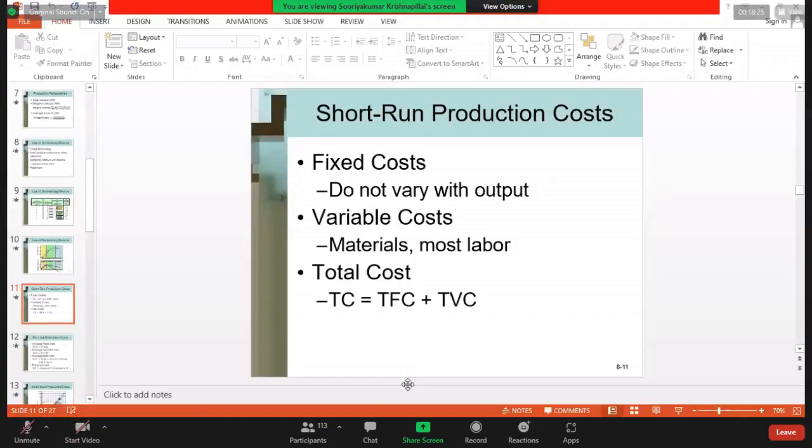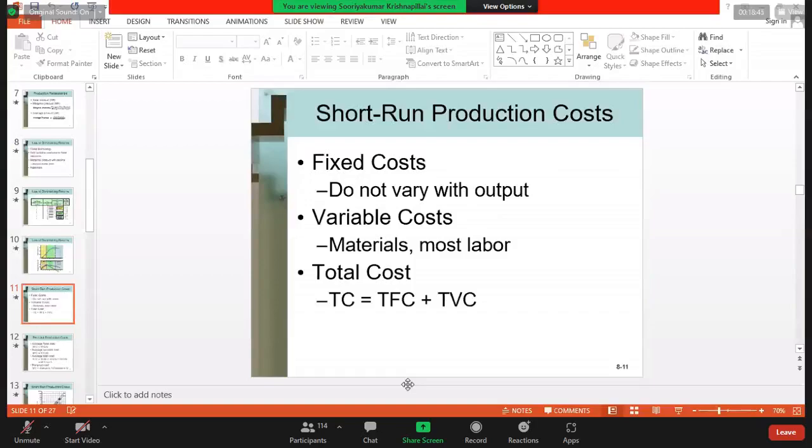So, in the last class, we studied the production function, the short run production function. In the short run, there is at least one input that is fixed.